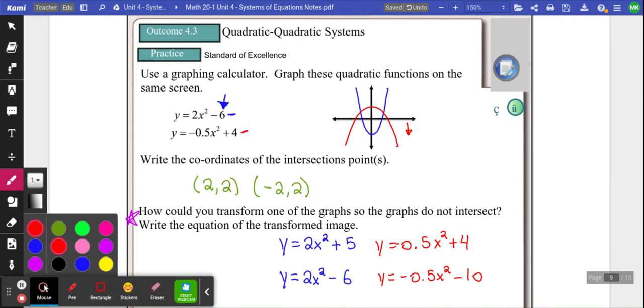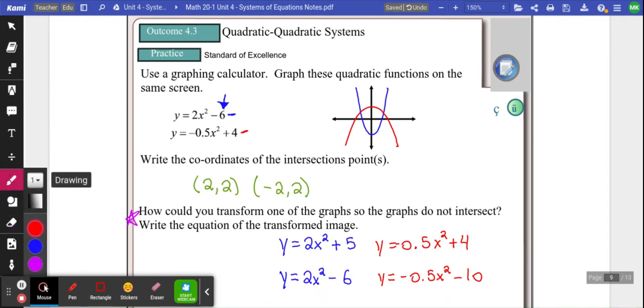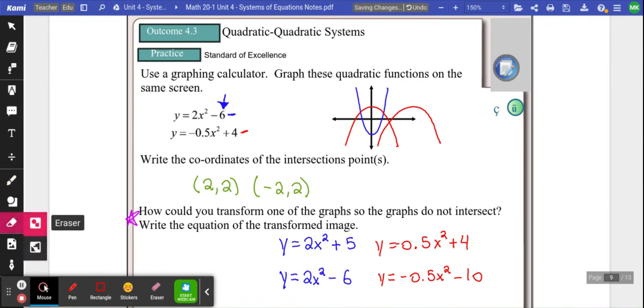I'm just going to talk about a couple other options. A couple other options is you could shift these graphs left or right. If you shift this red graph far enough to the right, it eventually would look like this. And you notice it wouldn't be touching the blue graph anymore.